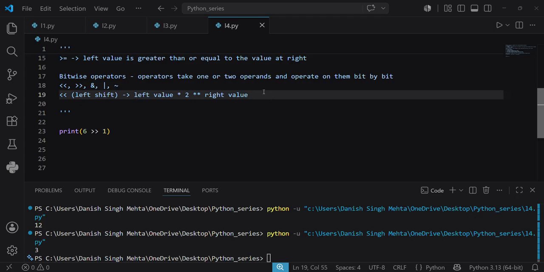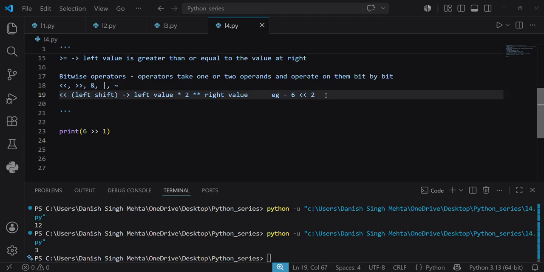If I give you a simple example, by the same example, 6 left shift 2, then the bit will move towards left by 2 places.